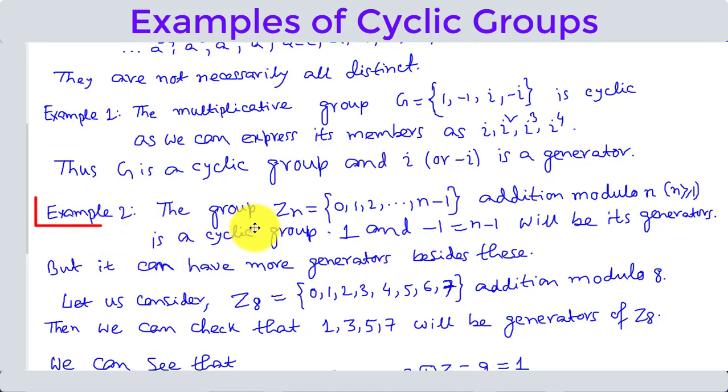Example 2. The group Zn is equal to {0, 1, 2, up to n minus 1} under addition modulo n, where n is greater than or equal to 1, is a cyclic group. 1 and minus 1, which is equal to n minus 1, will be its generators.